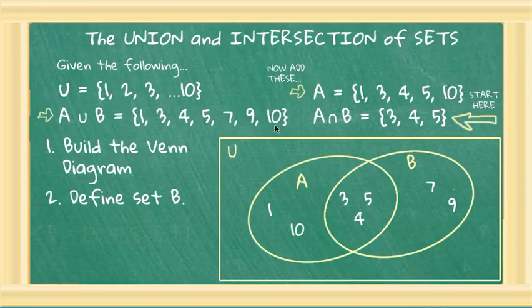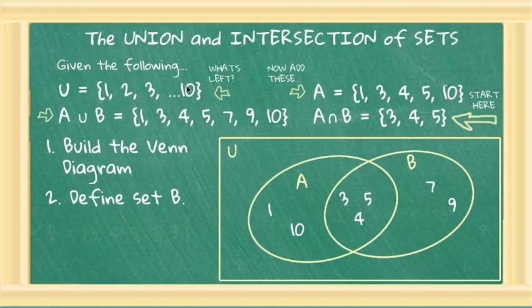Same with 9. 10 is already in A. So 7 and 9 are on the right side of A here, not part of the intersection, but in only the set B. Okay, now that could give us our answer, but let's get the whole diagram completed.